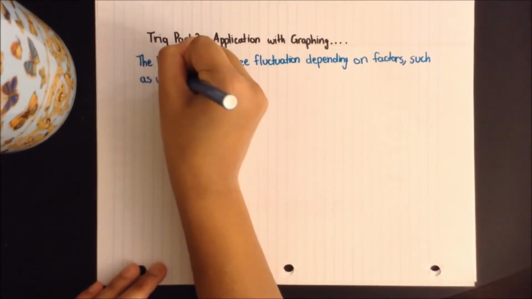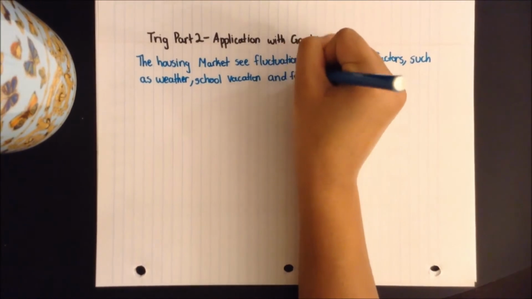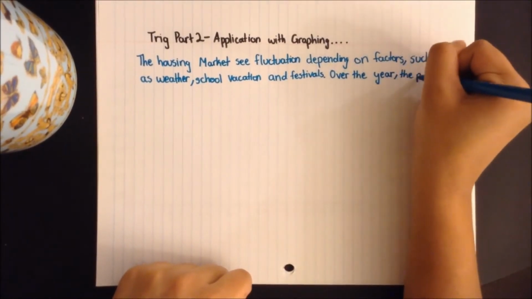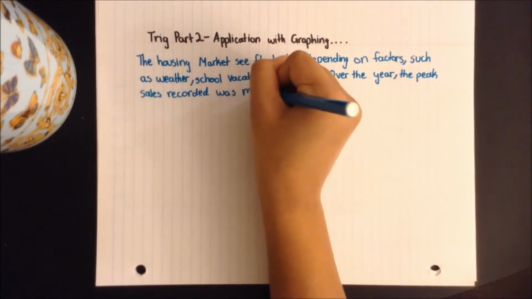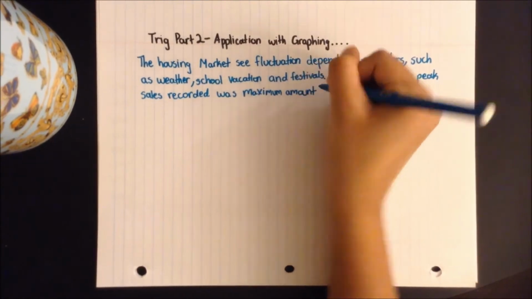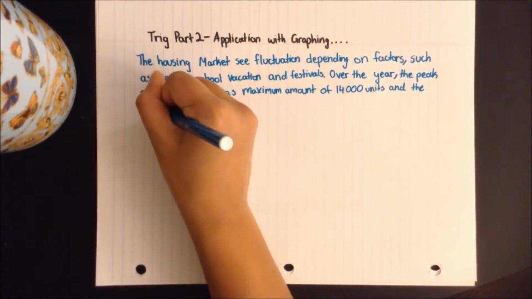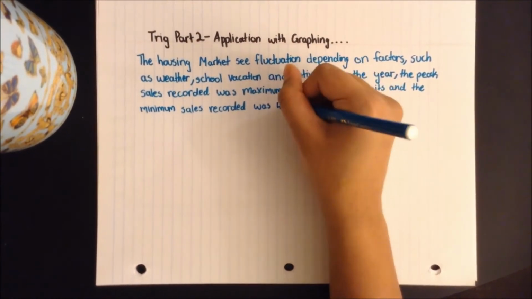So the question we're going to work on today is: the housing market sees fluctuation depending on factors such as weather, school vacation, and festivals. Over the year, the peak sales recorded was a maximum amount of 14,000 units and the minimum sales recorded was 4,000 units.